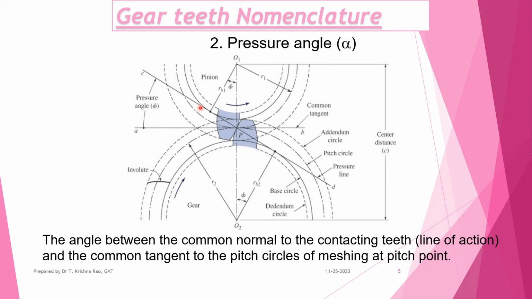There is also a base circle for the pinion, and a base circle for the gear is here. If you draw a common tangent for the base circles, the angle between the common tangent of the pitch circles and the common tangent of the base circles is defined as the pressure angle. This is the angle along which the gear forces act. This is also called the line of action.